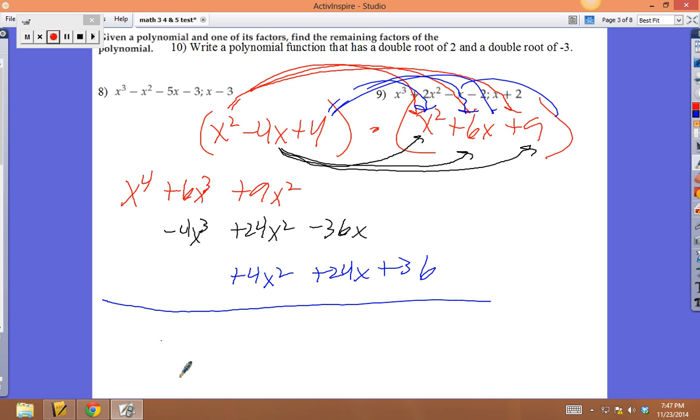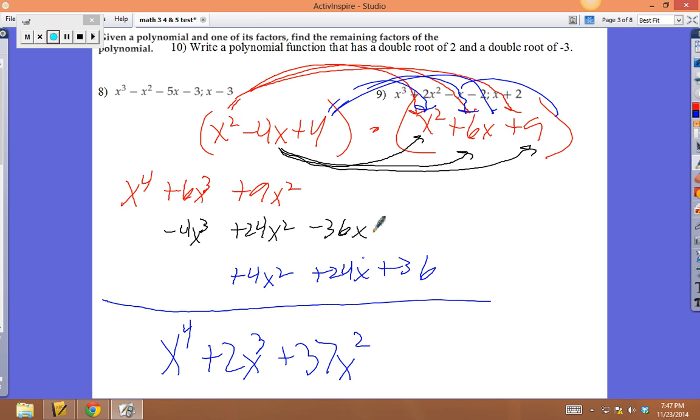Okay, now add up your like terms. So I only have one of the x to the fourth. I got a couple cubes. If you add your cubes, they should give you 2x cubed, and if you add your quadratics, 24 plus 9 plus 4 is 37x squared.